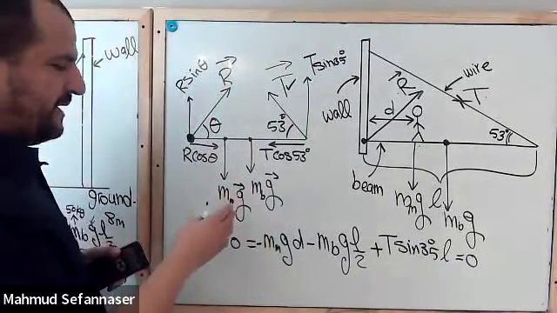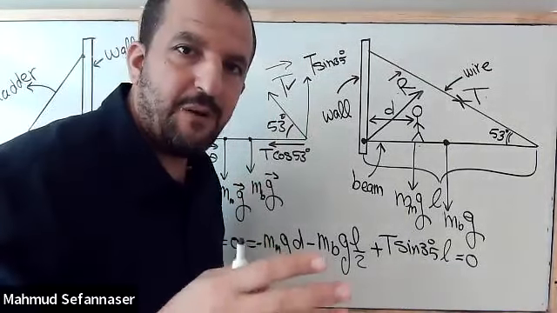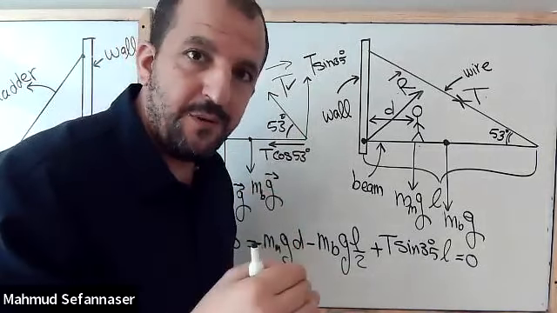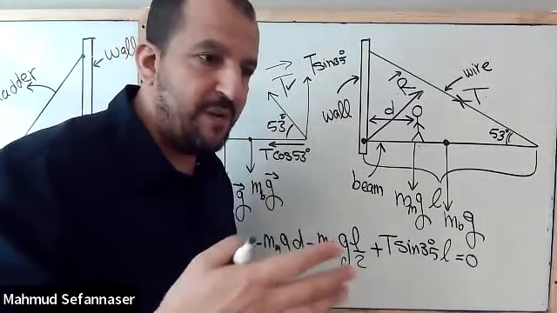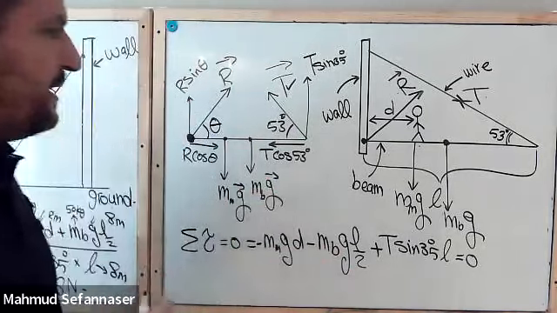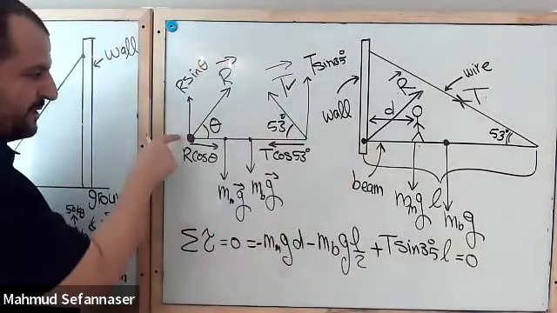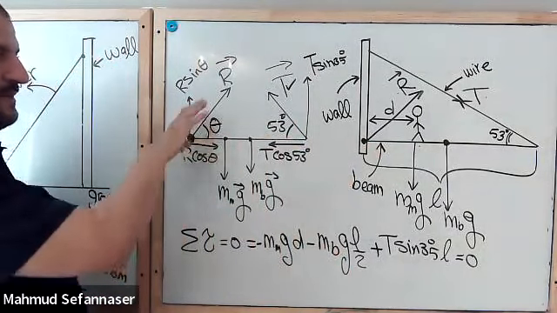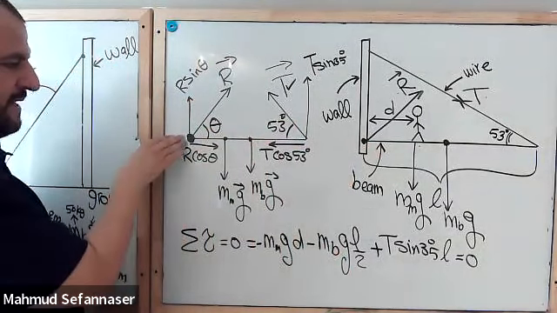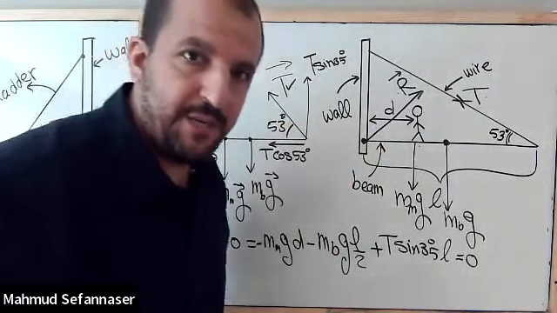And this is very nice. What we used to figure that out was the idea of summation of torque equal to 0. We know that the whole system here is balanced, so we can just choose a reference point and analyze based on that reference point. This is what we did, guys.